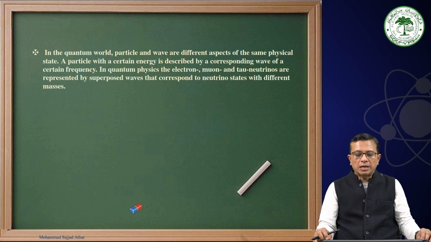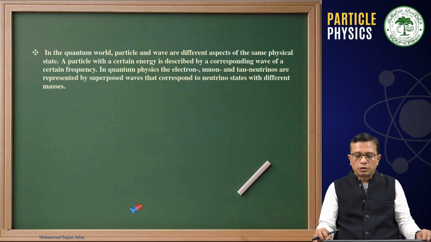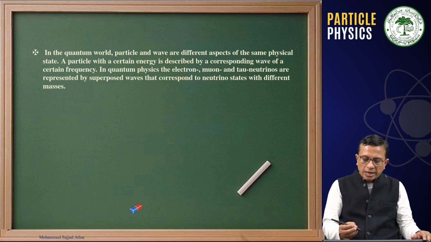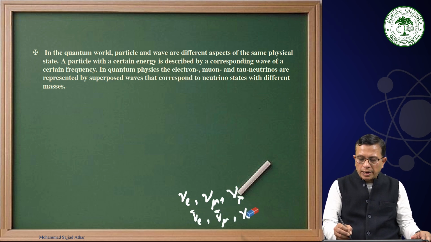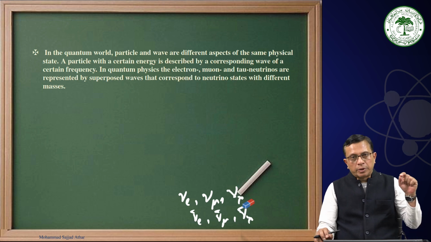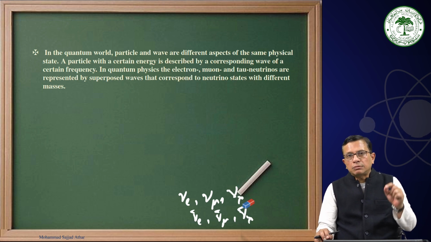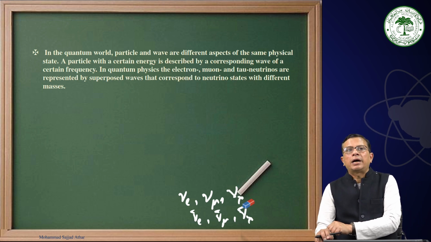In quantum physics, the electron, muon, and tauon neutrinos are represented by superposed waves that correspond to neutrino states with different masses. Therefore, nu e, nu mu, nu tau, or nu e bar, nu mu bar, nu tau bar are production states as well as the states detected in the experiments.